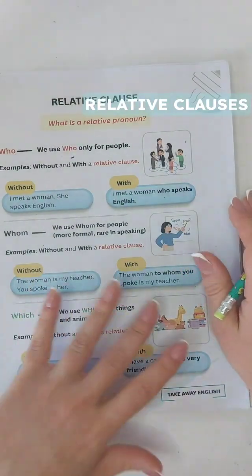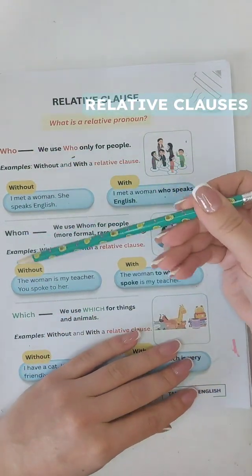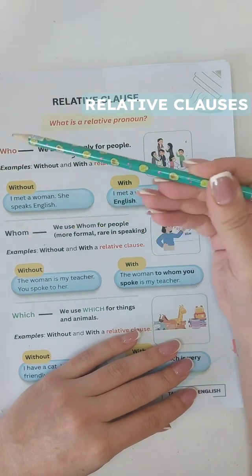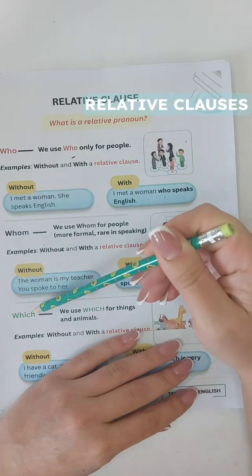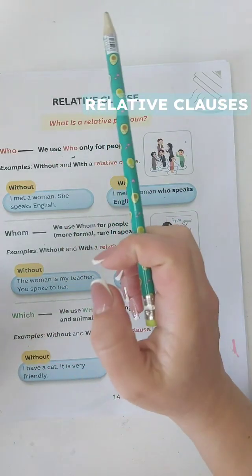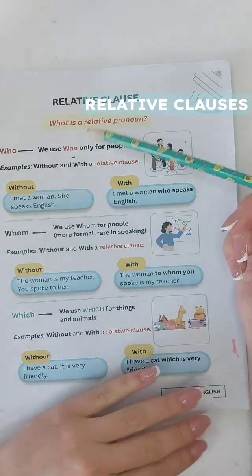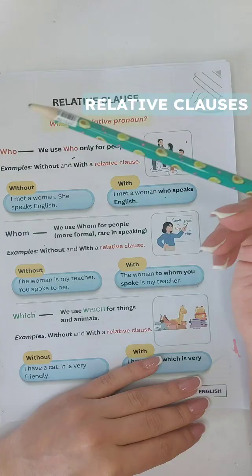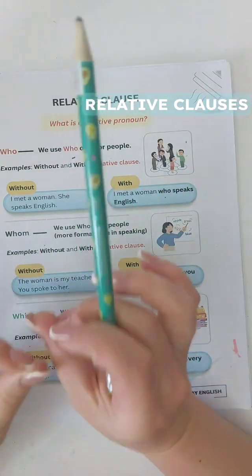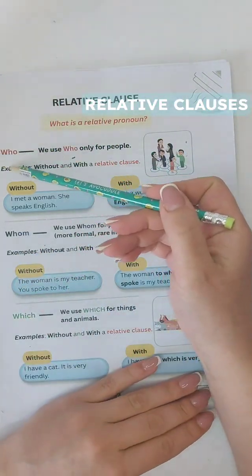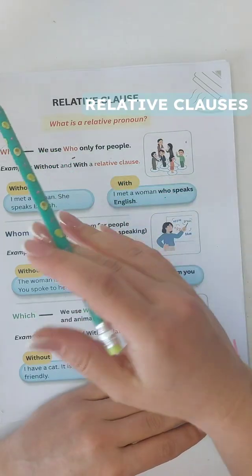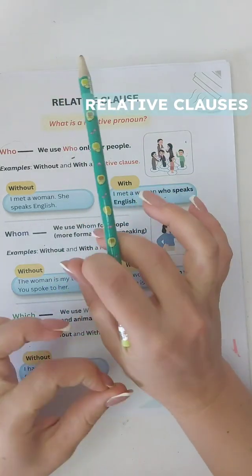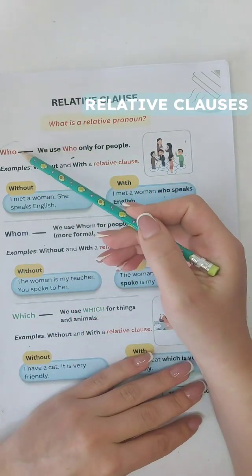Then I explained pronouns. We already know that these words work like pronouns when it comes to relative clauses. Because when we build relative clauses, we need these words. But with relative clauses they don't function as question words.